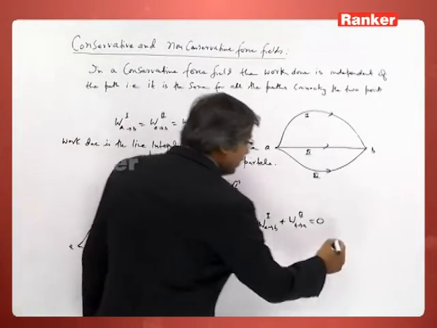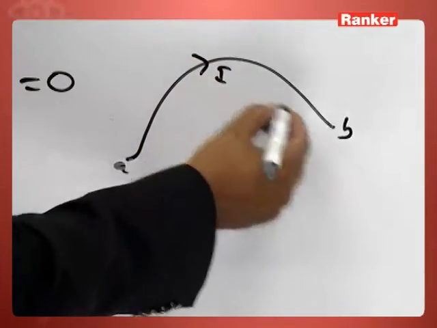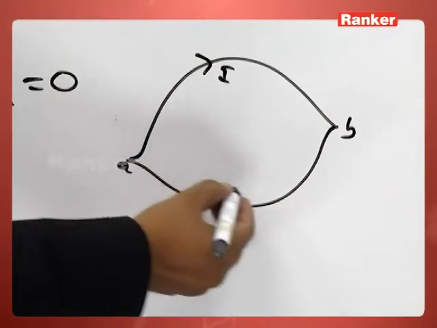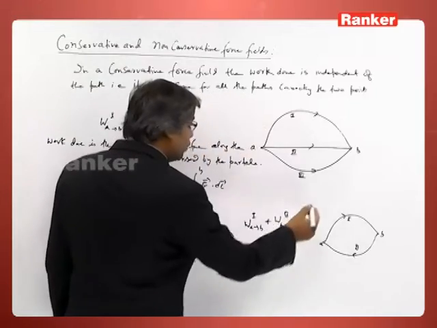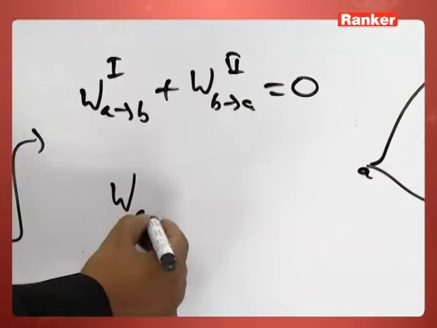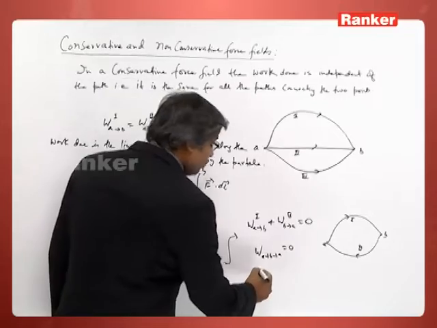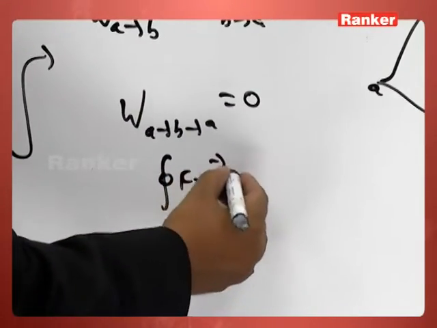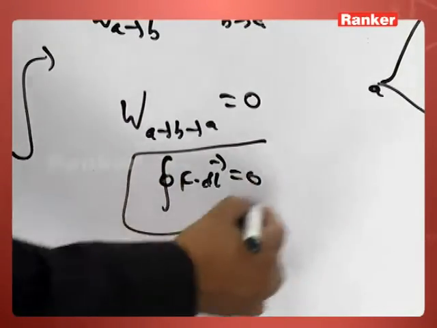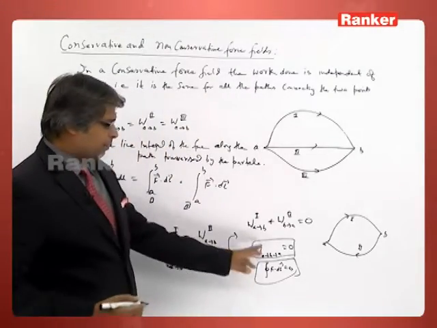That means if I go from A to B by path 1 and then I am coming back by path 2, then along the whole path, the work done from A to B and back to A becomes 0. That means work done, F dot dl along the cyclic path, is 0. These are two statements. They are the same statements.